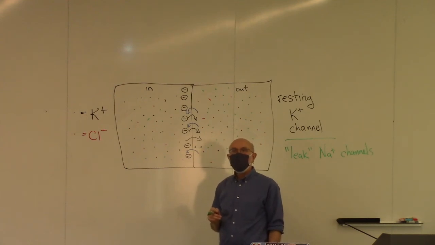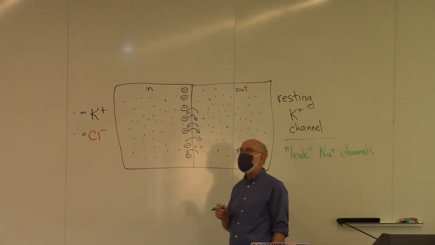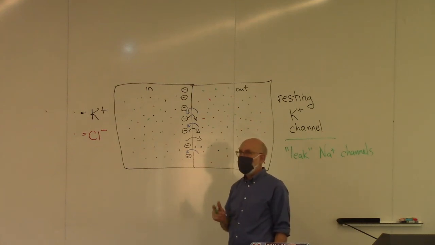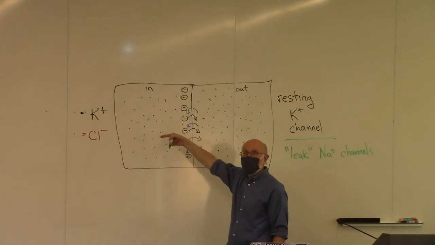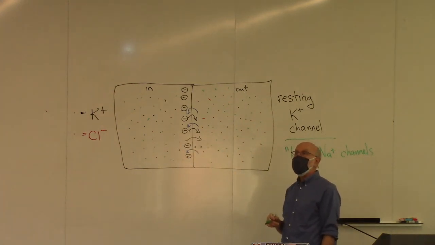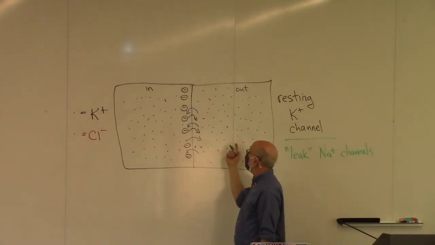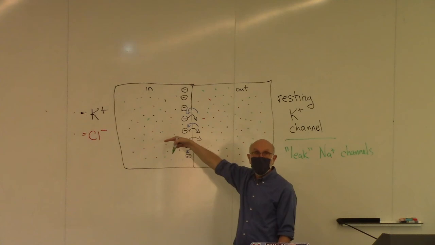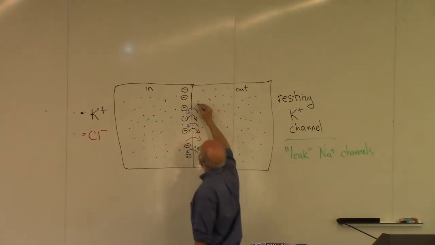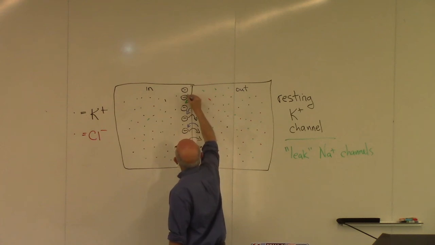Which way is sodium going to flow if it responds to its chemical gradient? That way. Down its concentration gradient. Which way is sodium going to flow if it flows down its electrical gradient? Same way. Negative on the inside. Sodium is a cation. It's flowing that way. So if we had one leak sodium channel, we're going to get some sodium flow.